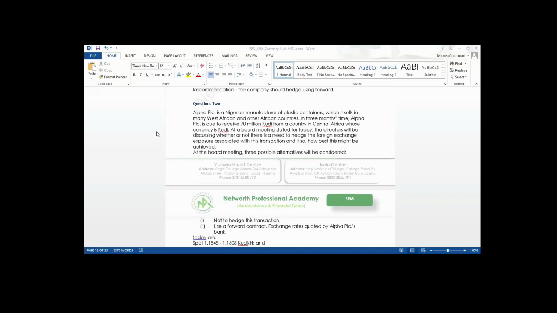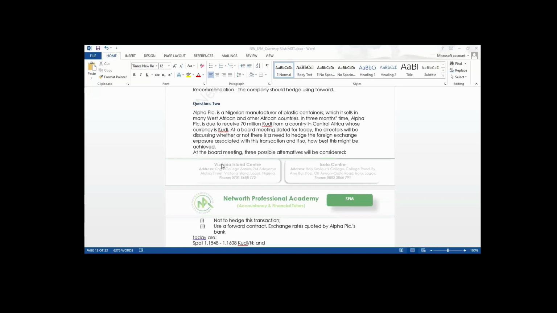At a board meeting slated for today, the directors will be discussing whether or not there is need to hedge the foreign exchange exposure associated with this transaction. And if yes, how best this might be achieved.